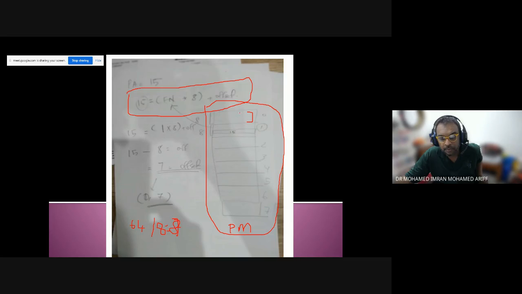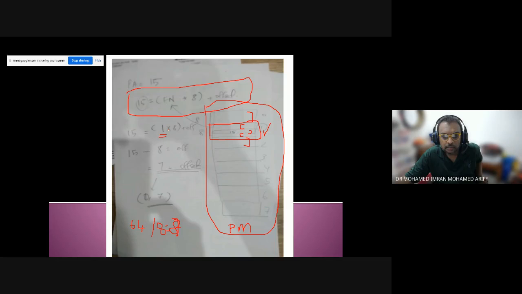So dalam ni 8 maksud dia 8, ini 8 yang kedua, ini 8 berikutnya, ini 8 berikutnya, ini 8 berikutnya. So address 15 ini berada dalam ruangan ini. So ini 8. So 9, 10, 11, 12, 13, 14, 15, it's inside this location. So this location is inside frame number 1. So that is why I replace frame number with number 1.